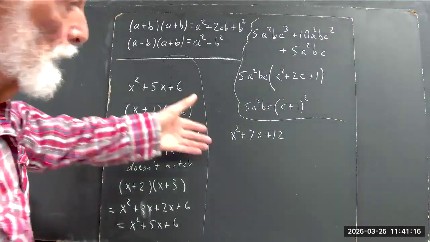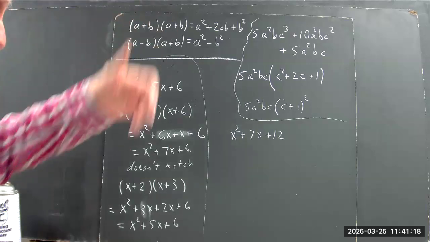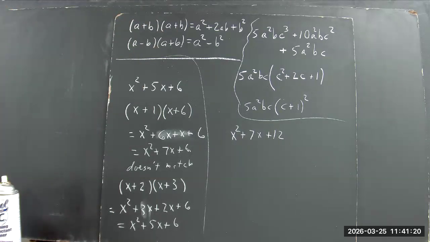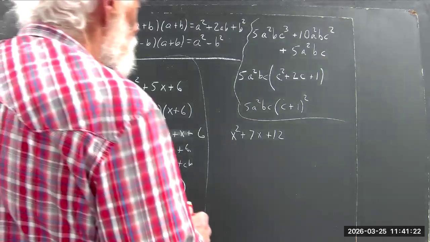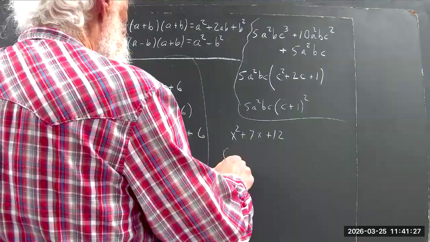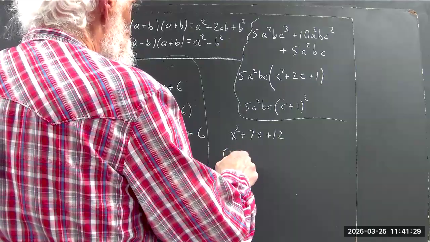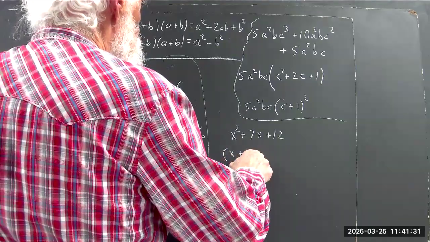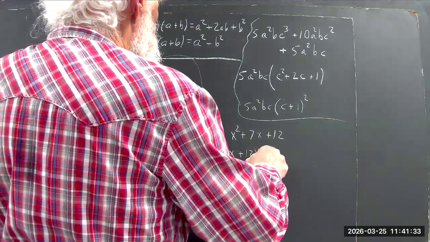Okay, now everybody got this by one of a variety of methods. One method is trial and error. Okay, what are our options? We could do x plus 12 times x plus 1.